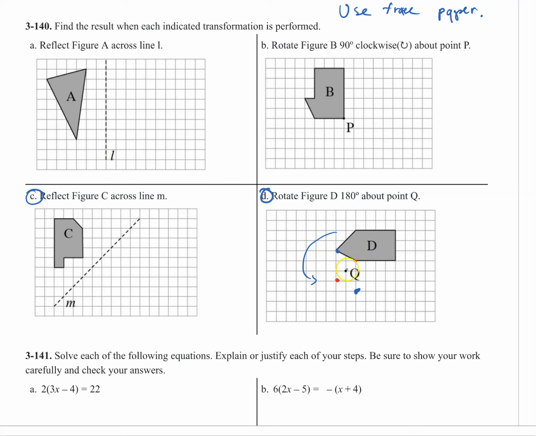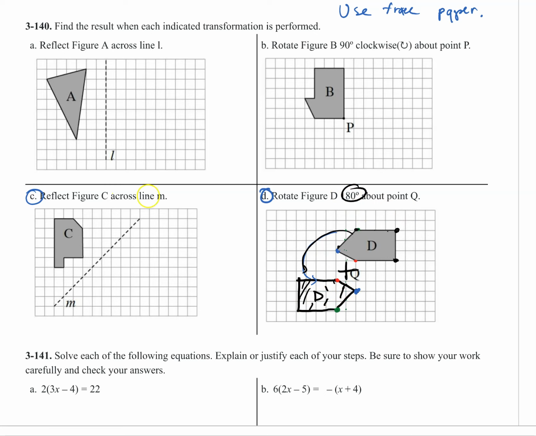And then this point is going to move down 1, 2, 3, 4, 1, and then 1, 2, 3, 4. There it is, D prime. Now if you had trace paper, you trace this figure, put a dot at each corner, draw a plus sign at the Q, and then you just spin it around until you get to this shape, 180 degrees.